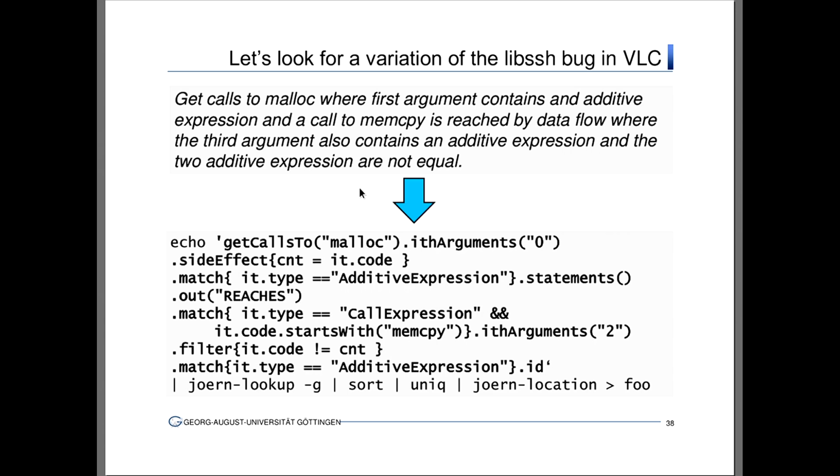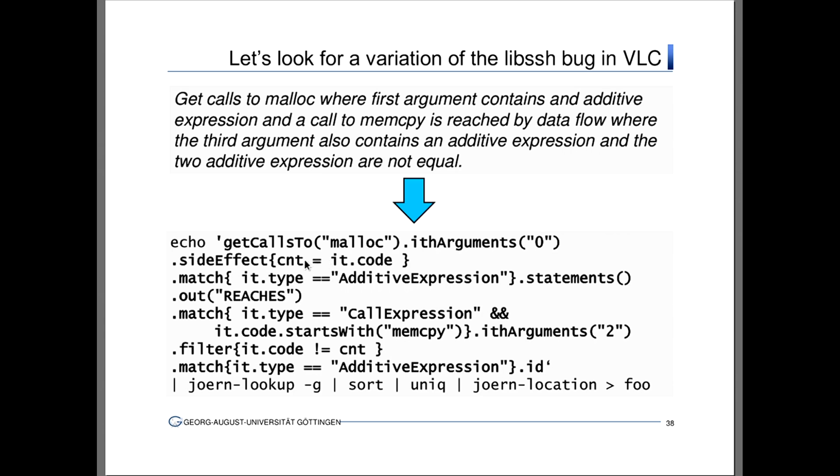And now, as a query, it looks like this. This is a custom step, get calls to, well, you'll find a lot of different ones. There's, for example, get definitions, get functions by name, stuff like that. This gives you the start nodes. So get calls to malloc. From there, walk to the first argument, right? It's 0 because we're computer scientists and we start counting at 0.